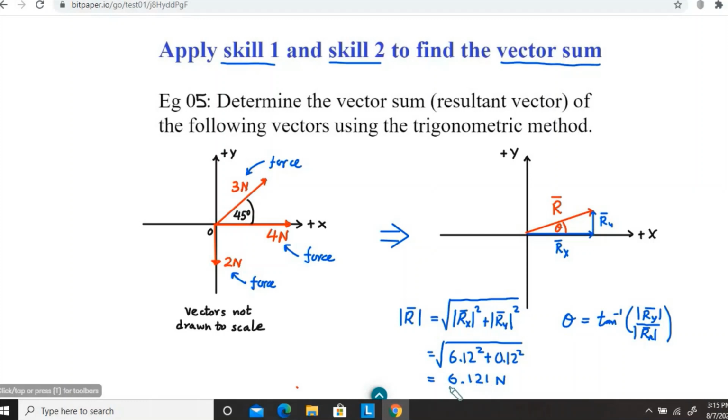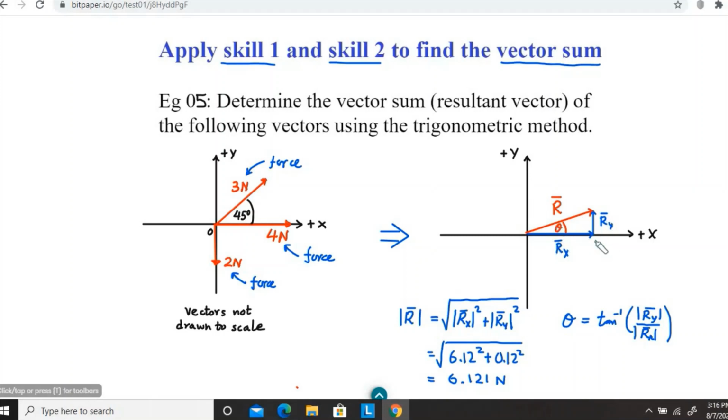So that's up to 4 significant figures. Because if you round this to 3 significant figures, you are going to get 6.12, which is the same value. So that means the more dominant component is the Rx component, whereas the Ry component is extremely small.